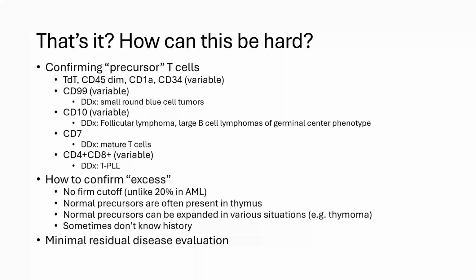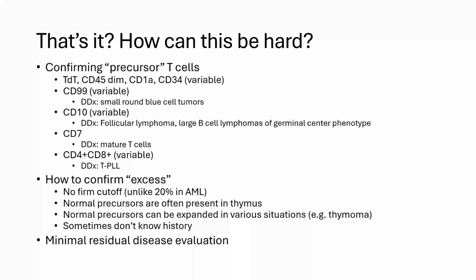Like with precursor B cells, confirming precursor T cells is where things get only slightly more tricky. The precursor markers that we would look for are TDT, dim CD45, CD1A, and CD34.